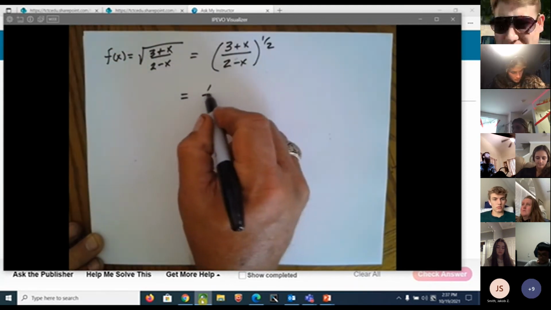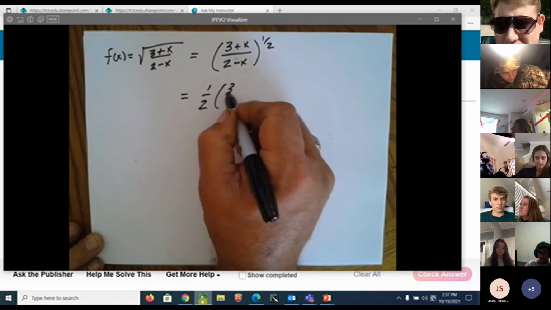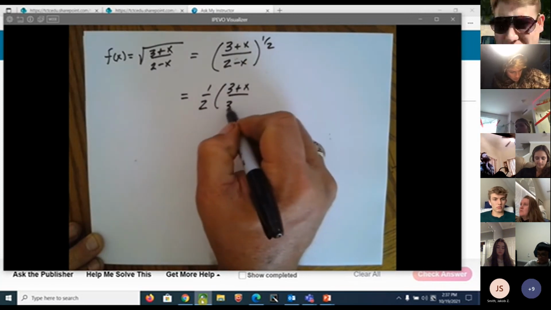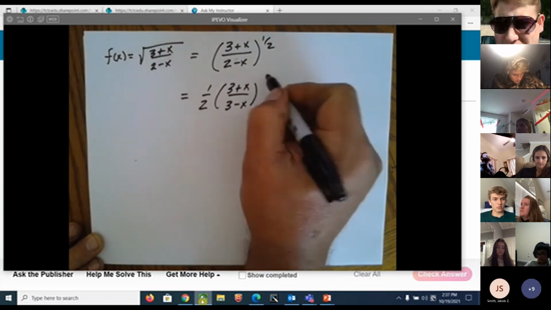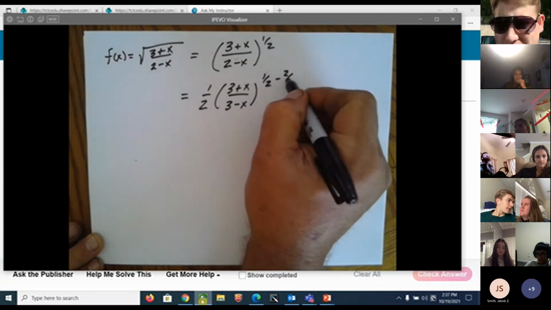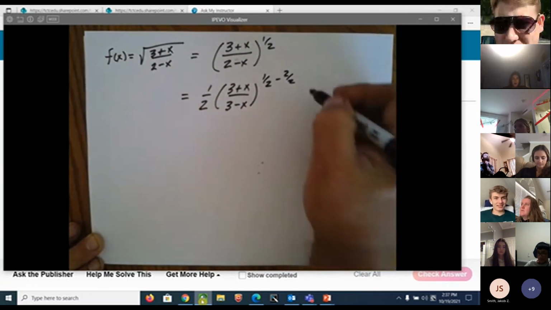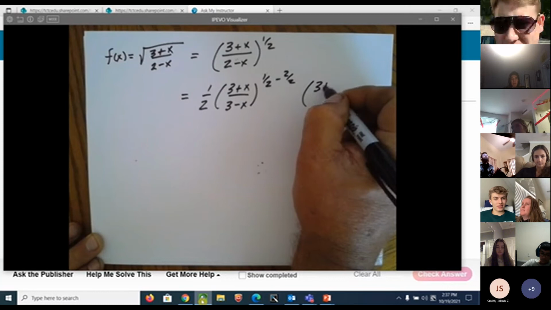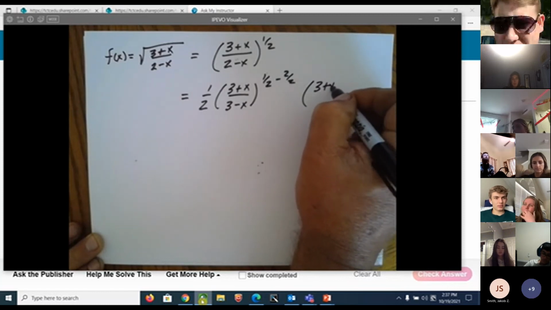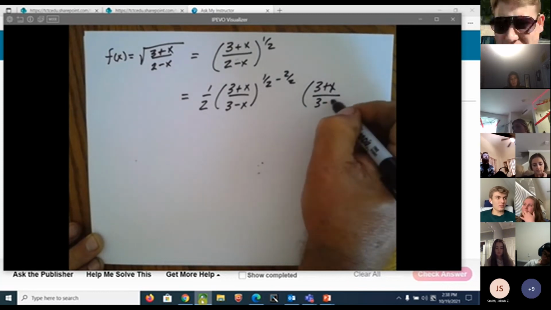And that's going to be 1/2 times 3 plus x over 3 minus x to the 1/2 minus 2/2, with the derivative of 3 plus x over 3 minus x.